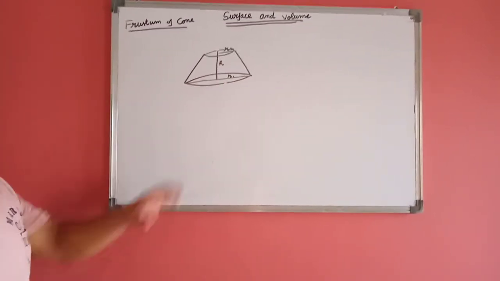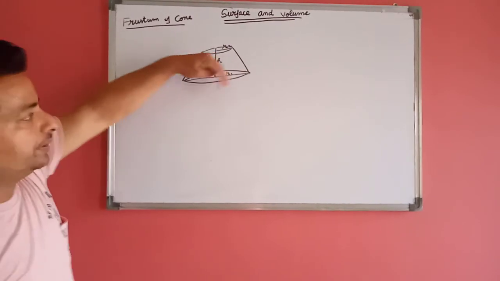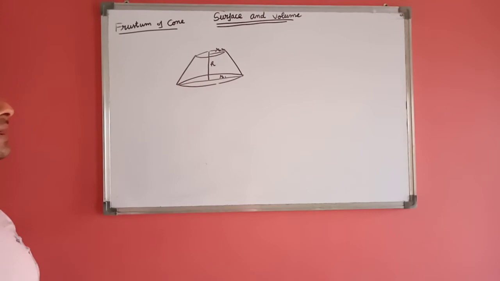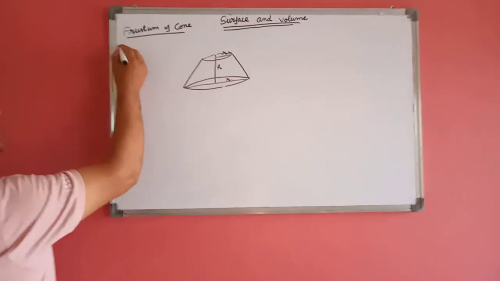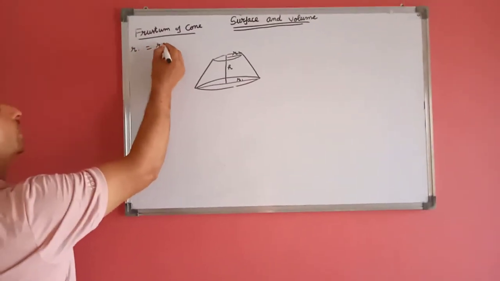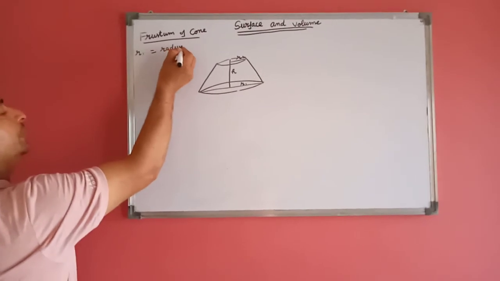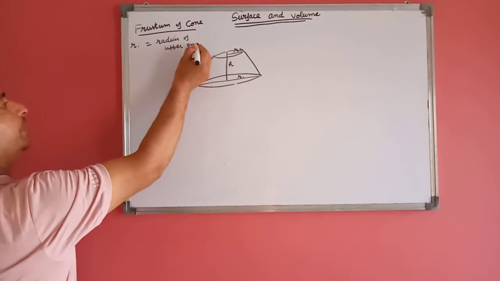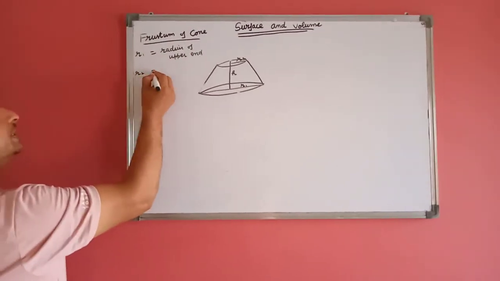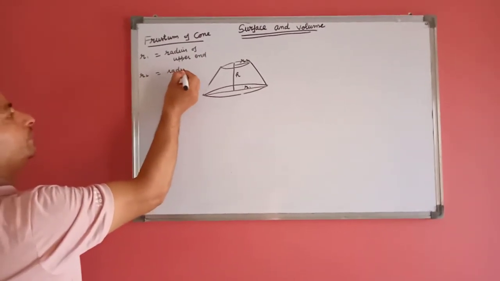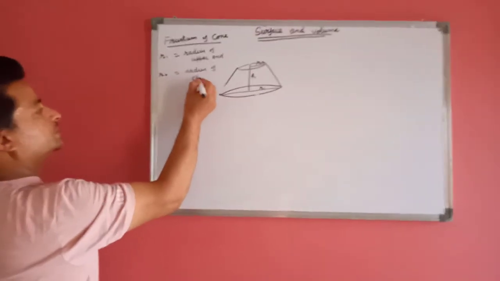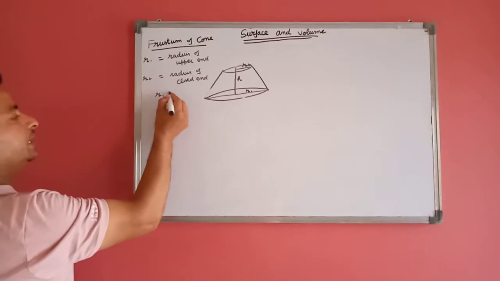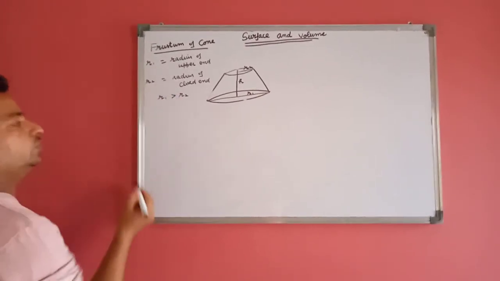Frustum is like a bucket which is open from the upper end, and the radius of upper end is R1. In this, R1 is the radius of upper end, and R2 is the radius of closed end. In this, R1 is always greater than R2.